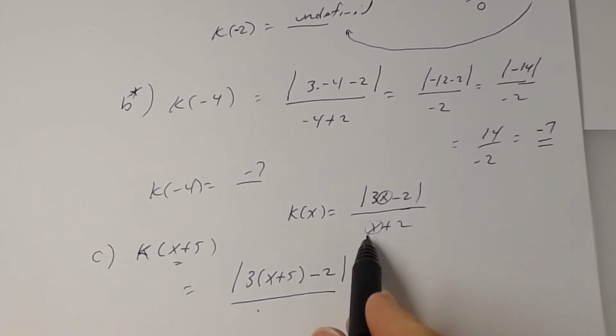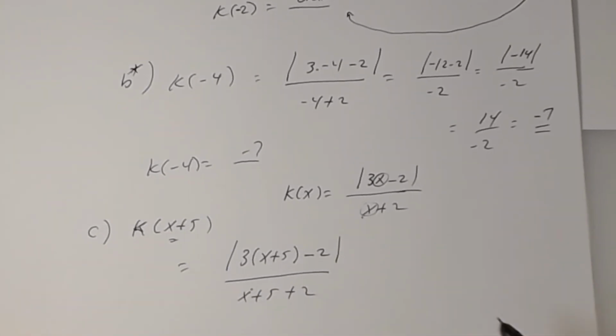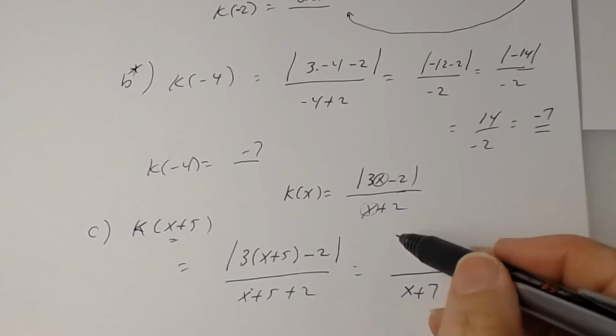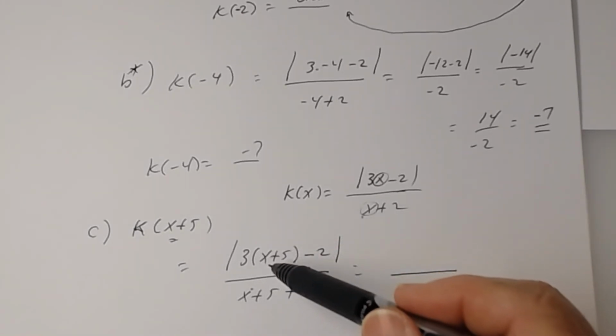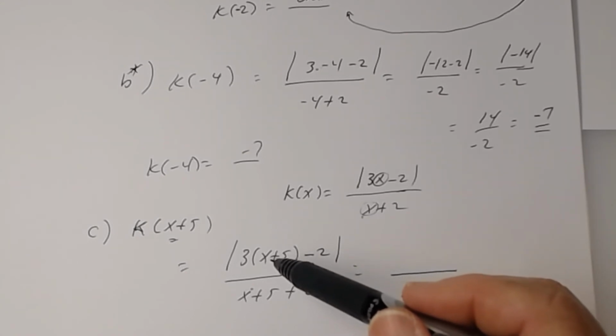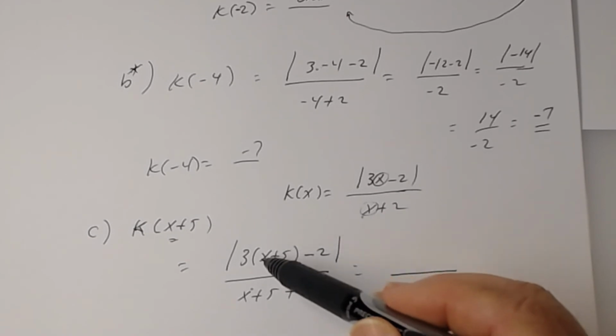this is x right here. So that becomes what? And then I have to add what? 2. All right. Now the denominator is easy. What's the denominator? X plus 7. All right, let's talk about the numerator. Work within the absolute value bars. Don't get rid of the absolute value bars just yet. How do I work within the absolute value bars?